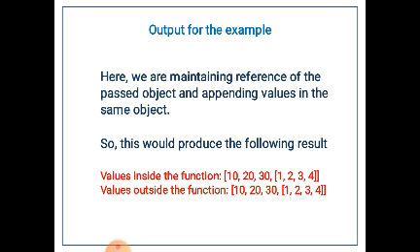So here we are maintaining the reference of the passed object and appending values in the same object. So the following result will be the output of the function which we have called.